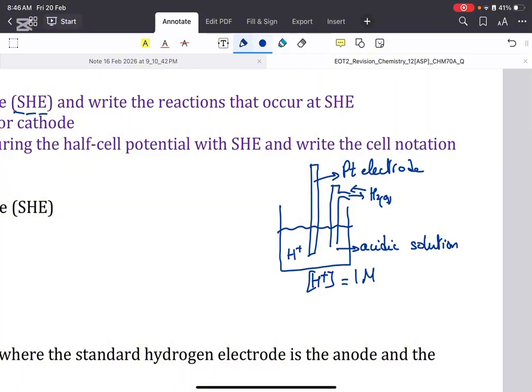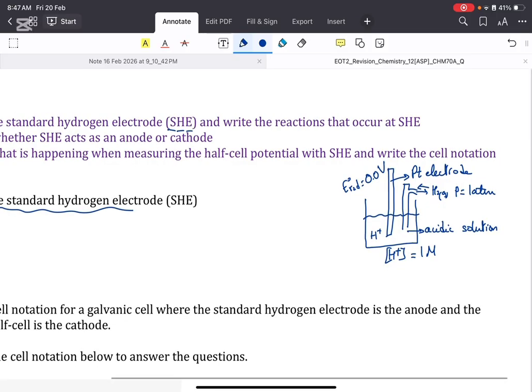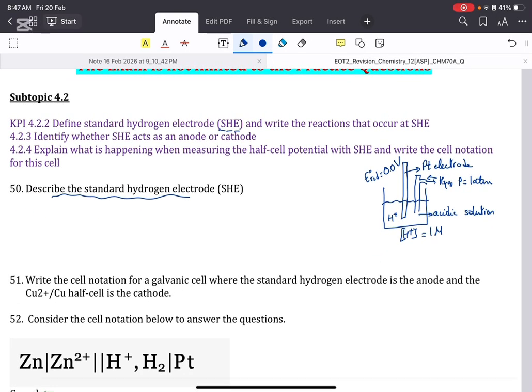The hydrogen gas over here should operate at a pressure of 1 atmosphere. One important thing is that the standard reduction potential of this cell is 0 volts. Now, I describe this cell as the joker electrode because it can do both.